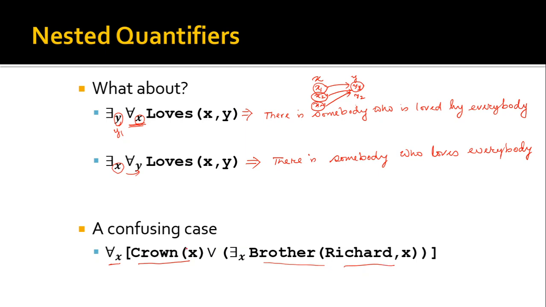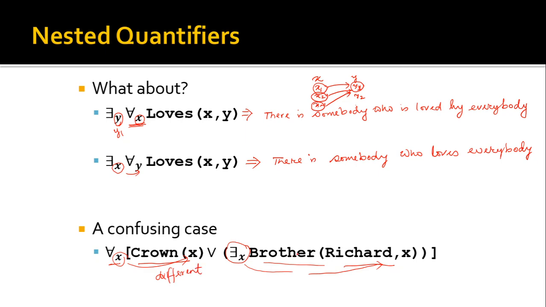So here we are pretending that this x is a crown, and here we are trying to say that x is a brother. But the point that you should note is that this x is coming with a different quantifier than this x. So you can treat these two x's to be different. So these two variables are different.